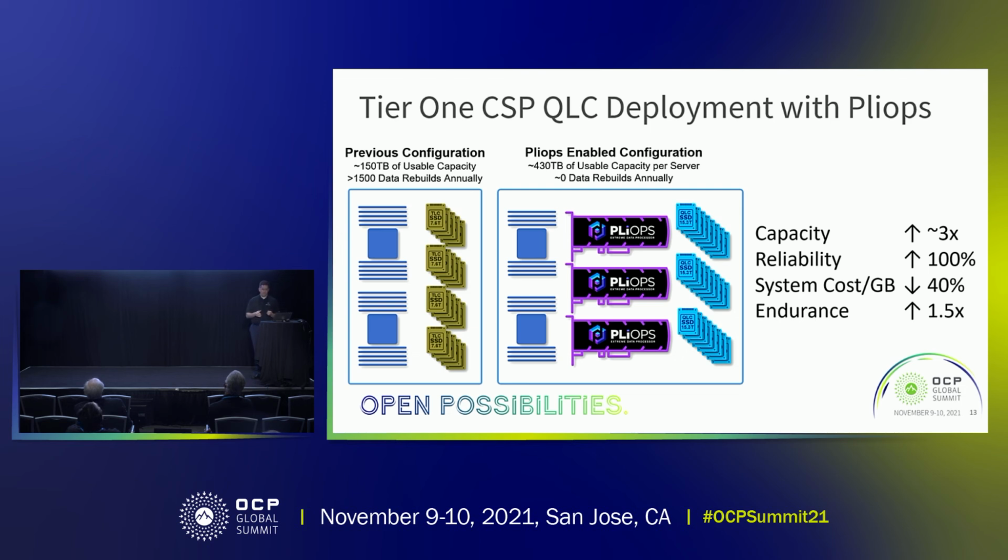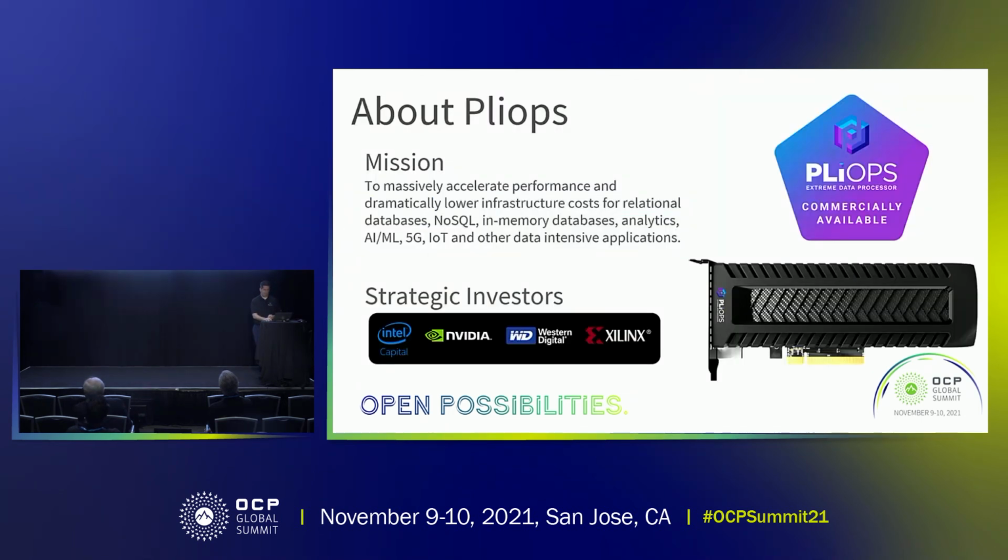With XDP, they were able to better keep their service level agreements with customers, save on system costs per gigabyte, and enjoy longer drive life. Jointly, we can enable QLC in applications previously out of reach, enabling the DataSphere to continue to expand unhindered. Data shaping with Pliops is how we can accomplish this.